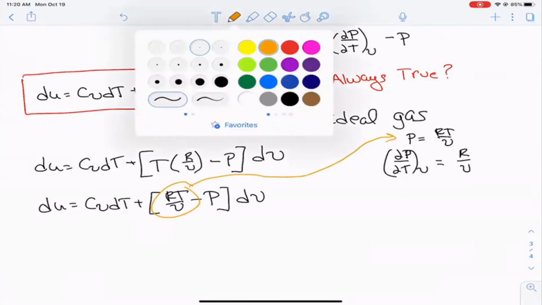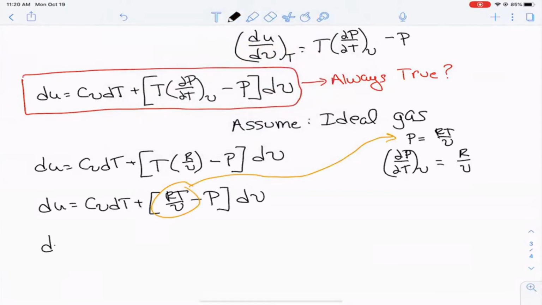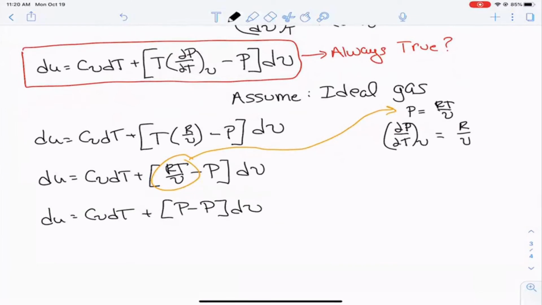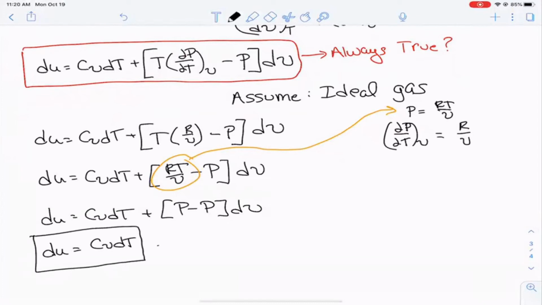That's just P. And so we end up with dU is equal to C_V dT plus (P minus P) dV. And of course, P minus P is just 0. So we have this relationship that dU is equal to C_V dT for an ideal gas.